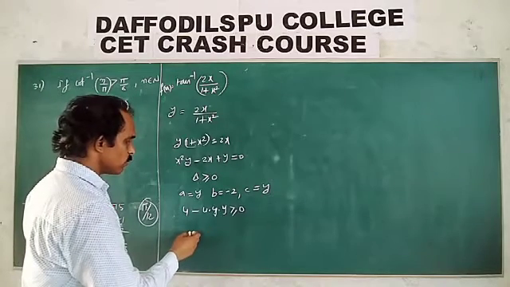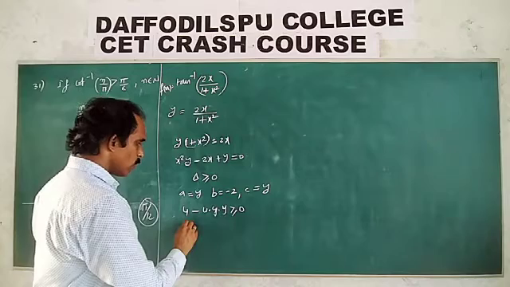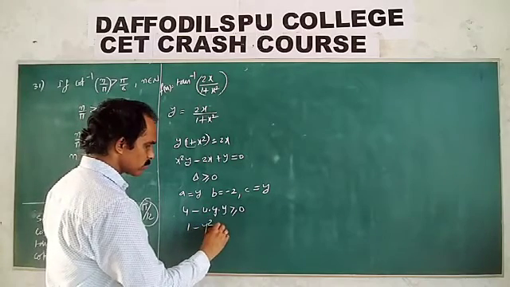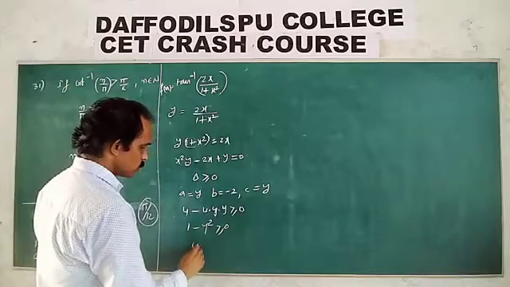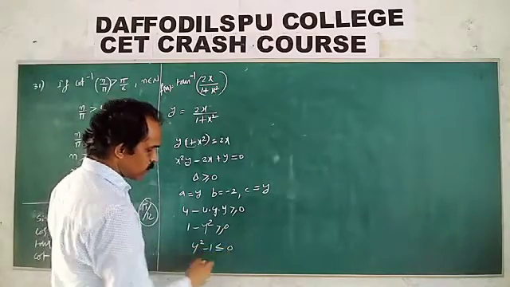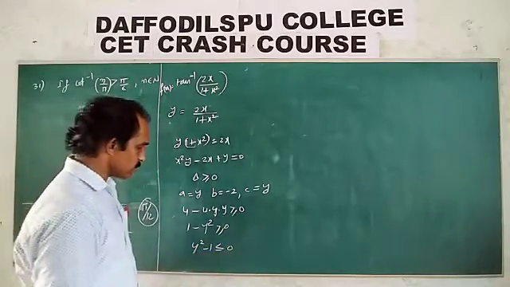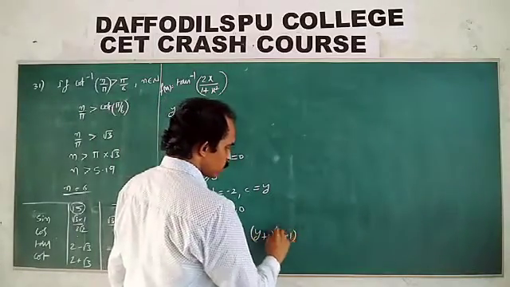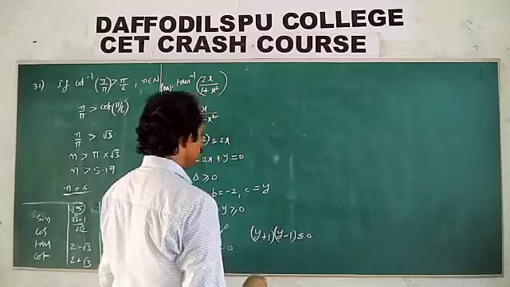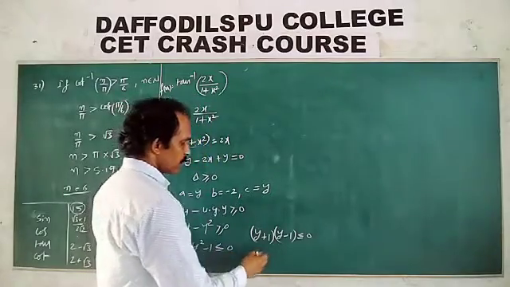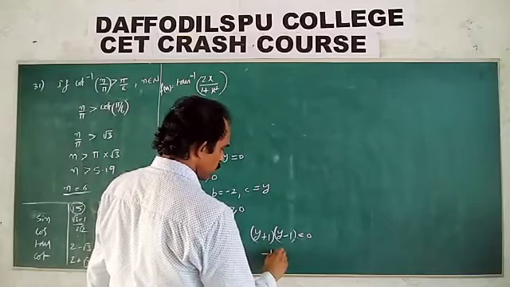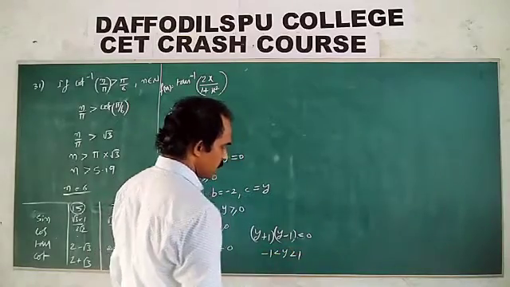Take 4 aside, so 1 minus y square is greater than or equal to 0. So y square minus 1 is less than or equal to 0, multiplying by minus, the inequality reverses. That implies y plus 1 into y minus 1 is less than or equal to 0, so minus 1 is less than or equal to y is less than or equal to 1.